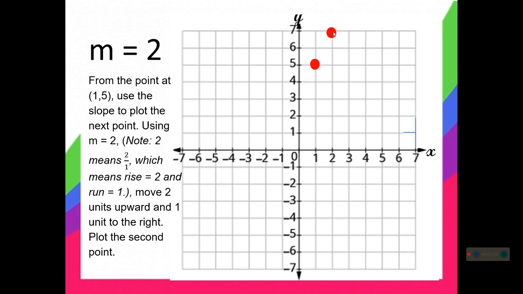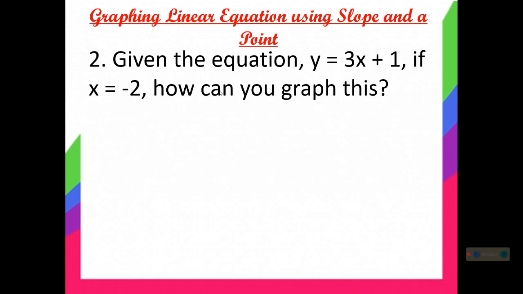So here is the second point. Then you connect the points and label. This is the graph of y equals 2x plus 3. Any question? If you don't have any, let's proceed with the second example.